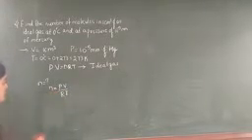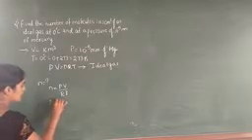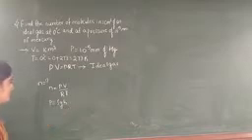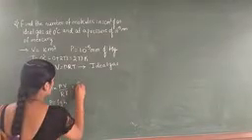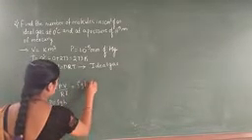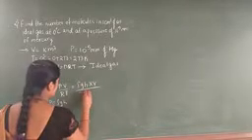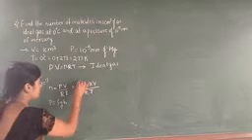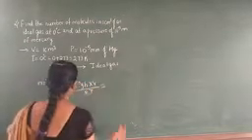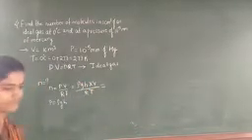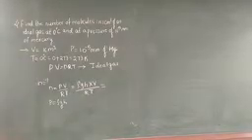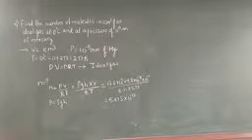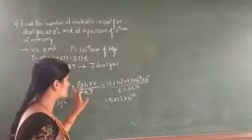We know that pressure P is equal to rho g h. Therefore, n is equal to rho g h into V by R into T. Now put all the values. Here in the calculation part, we are putting the values of rho, g and h.